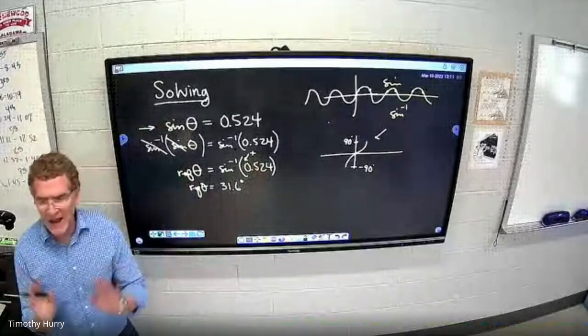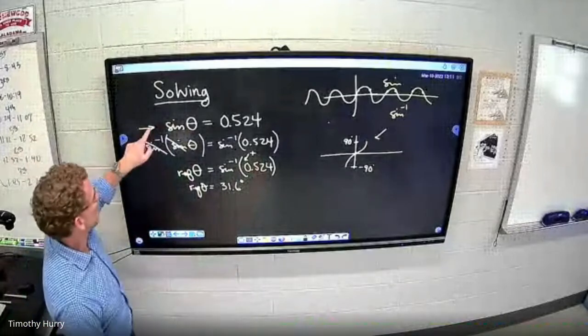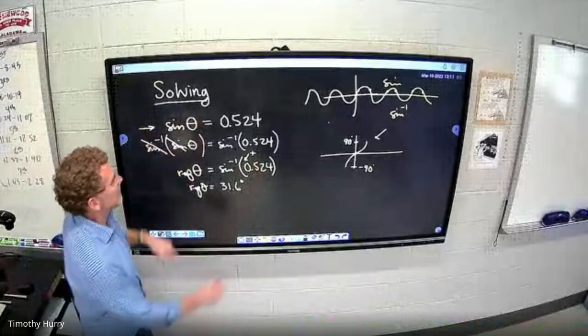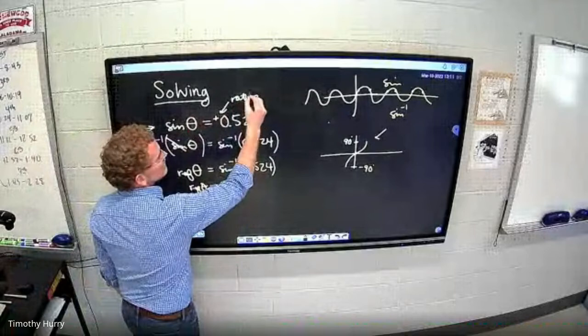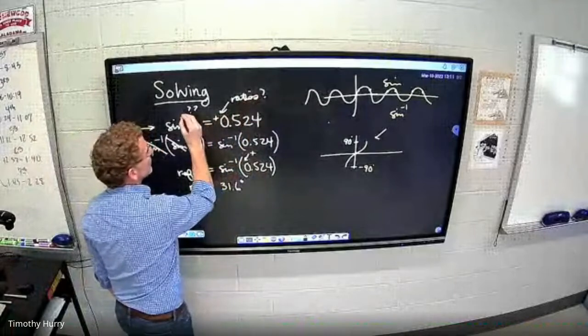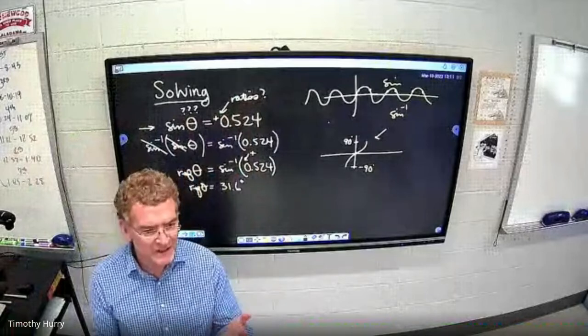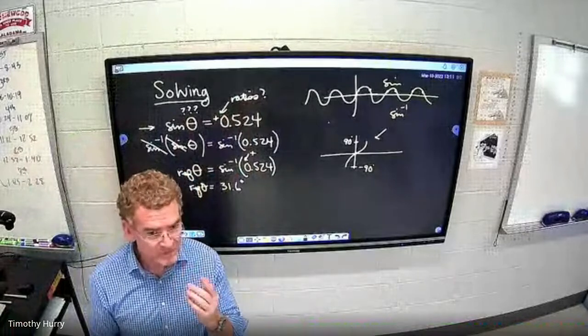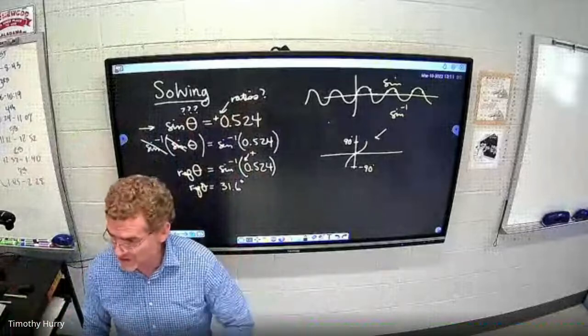So here's now how you have to think. Where would sine have positive ratios? Where would that occur? Now think about it. Think about your unit circle. What does sine use? Opposite and the hypotenuse, right? And your hypotenuse is always positive because it's a length.